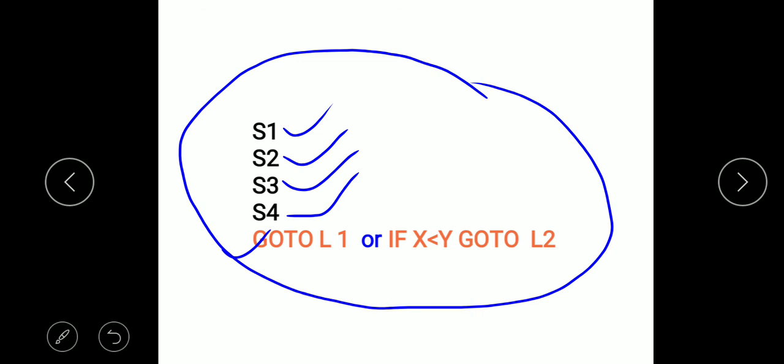It means all the statements or intermediate code of the basic block will be executed in linear fashion. That means first statement number 1 will be executed, then statement 2, followed by statement 3, followed by statement 4, and at last statement number 5.